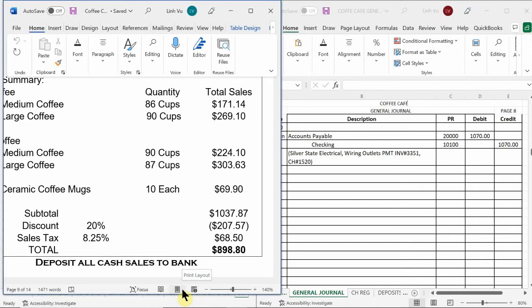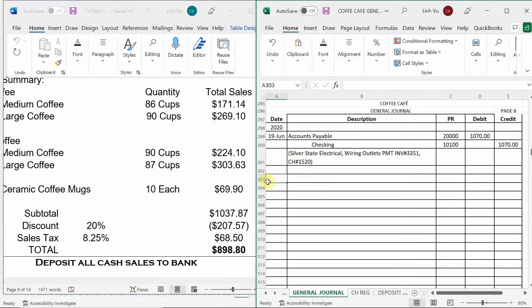All right, so how should I journalize this transaction?